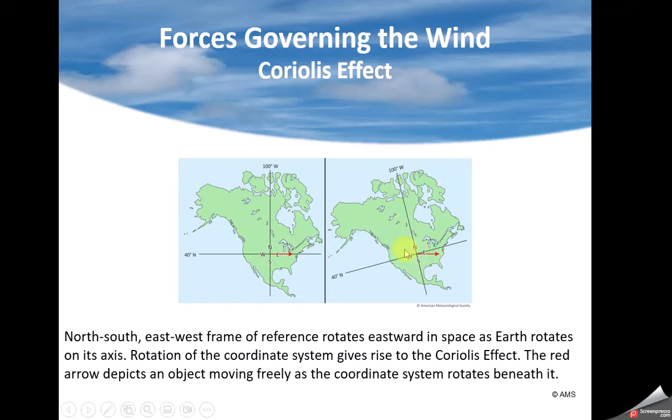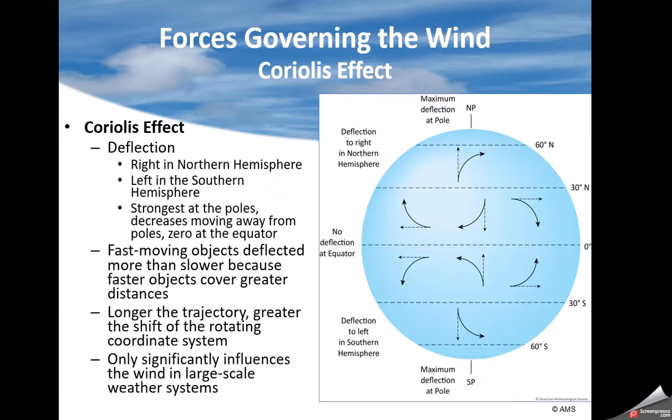Notice there's a bend to the right with that. Coriolis force causes air to turn to the right in the northern hemisphere and turn to the left in the southern hemisphere. So here you can see the deflection.